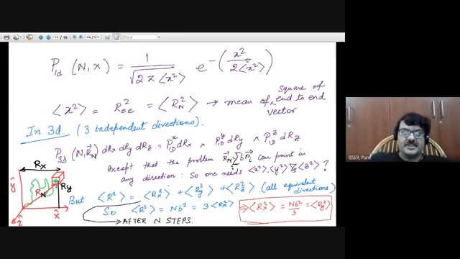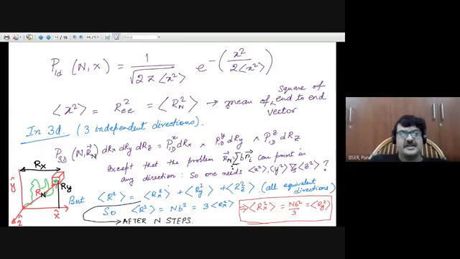So a similar function where x square has been replaced by Rx square, the net displacement in the x direction in 3D at the end of n steps, right?